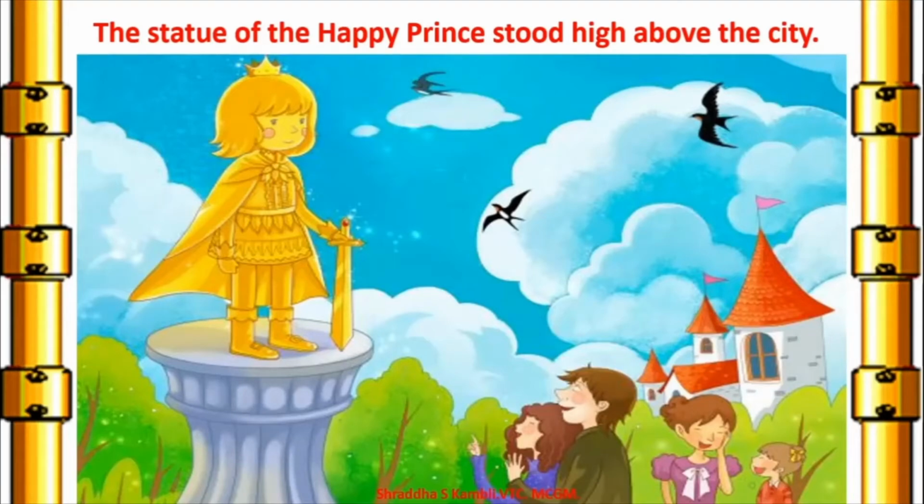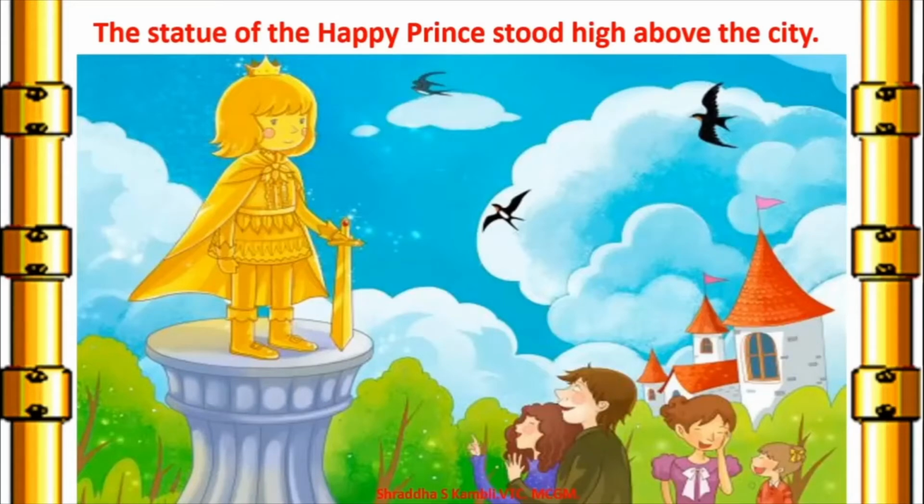This statue was very beautiful, covered with real gold plate, and in the hands of the prince there was a long sword with many beautiful golden gems on it, and the prince's eyes were also made of expensive precious stones.